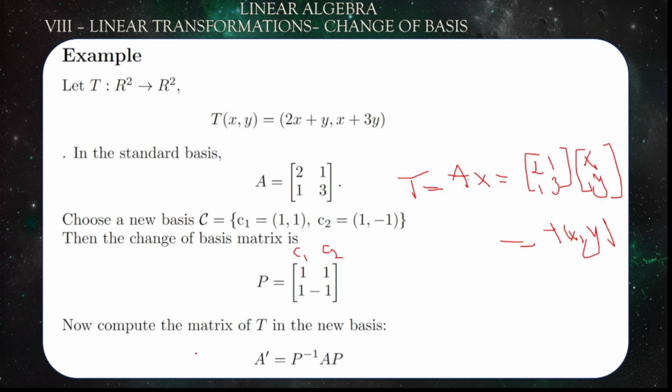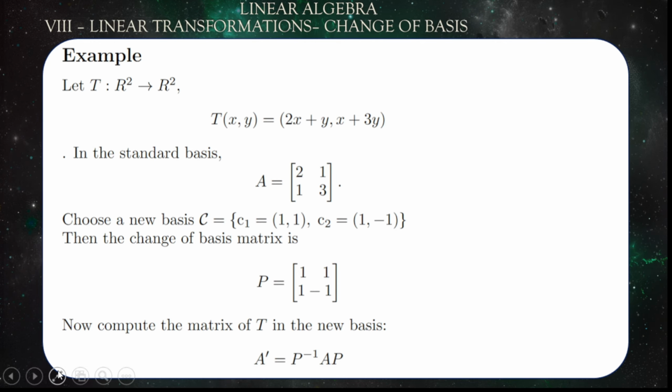Now what would become of A when it changes the basis or the coordinate system? A prime would be equal to P minus 1, the inverse of P, multiplied by A, multiplied by P. Let us first evaluate P minus 1, the inverse of P.